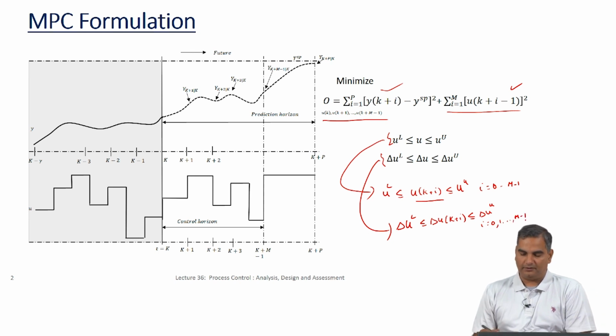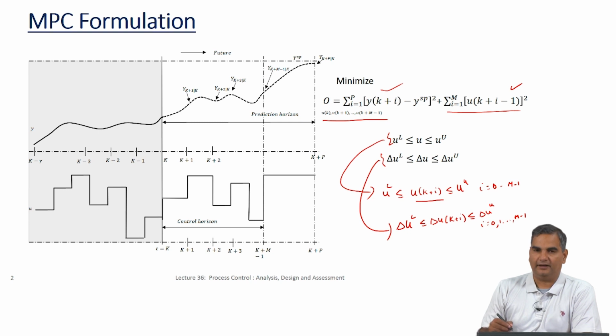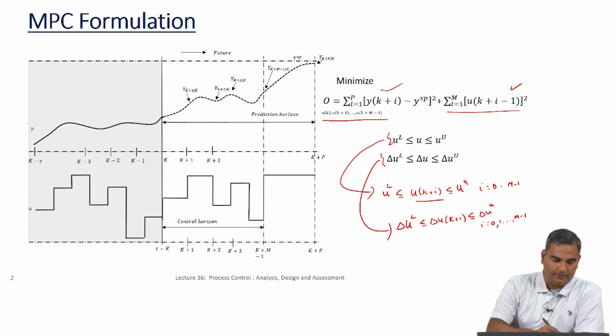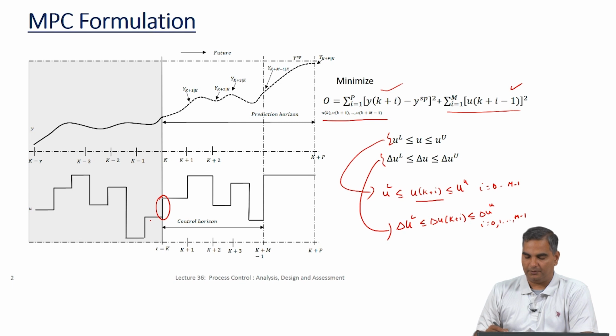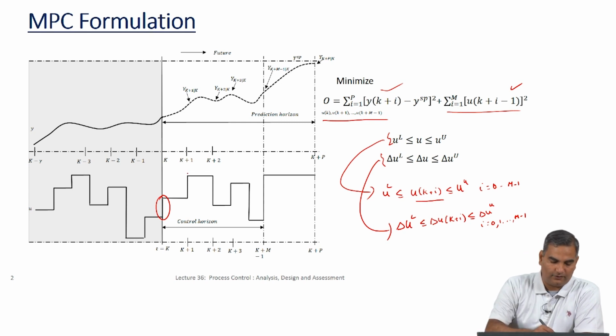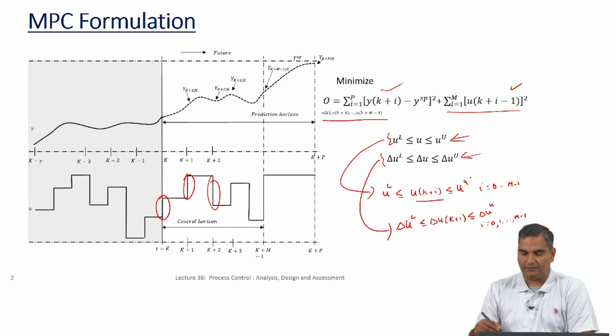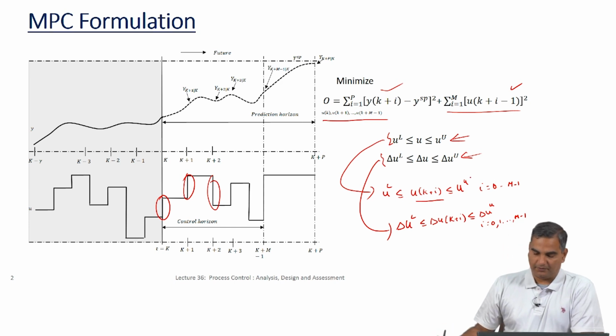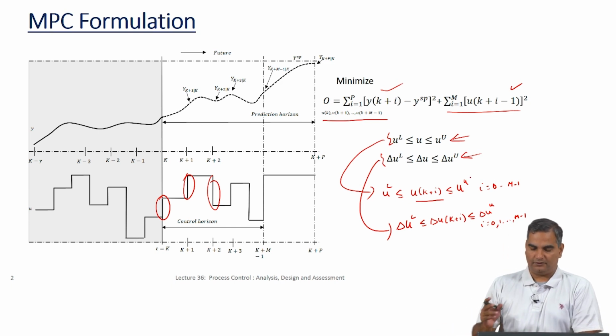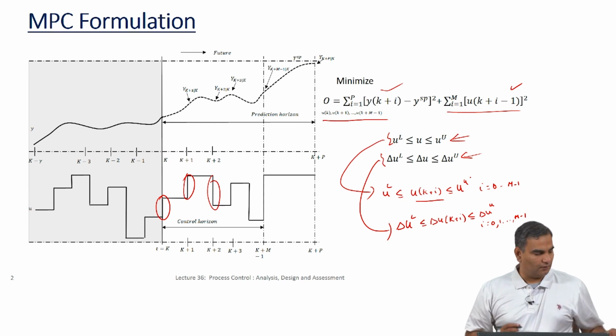So, basically what this says is when I is 0, delta u k, which is the difference here, should be between a range, the difference here also should be between a range, the difference here should be between a range, and so on. So, we have m constraints here and m constraints here. So, there are 2 m constraints that you have here. This is the standard optimization formulation that we talked about.